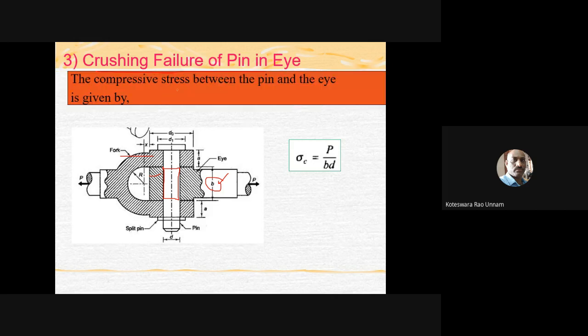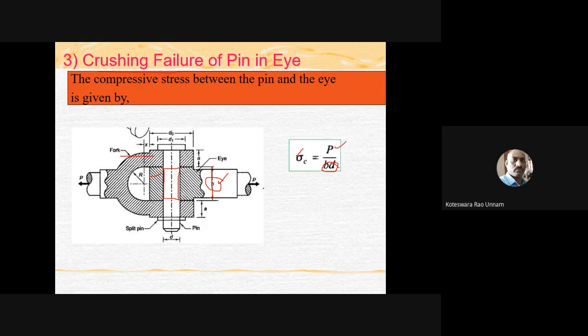The compressive stress between the pin and the eye. Here this is the pin and this is the eye. The compressive force is nothing but the compressive area multiplied by the compressive stress. So this is the formula. See here, this is the B value, and the other dimension for this pin is D. So B into D is going to be the crushing or bearing area.